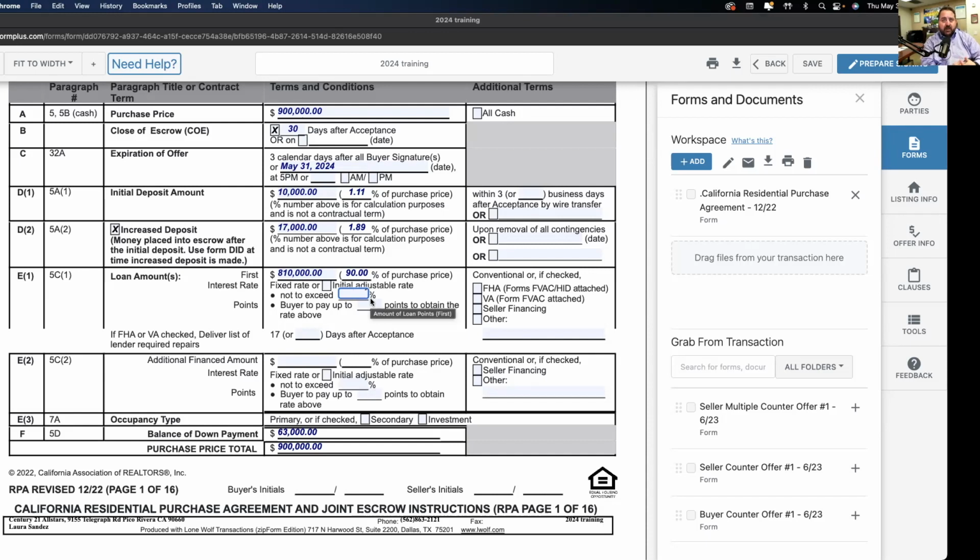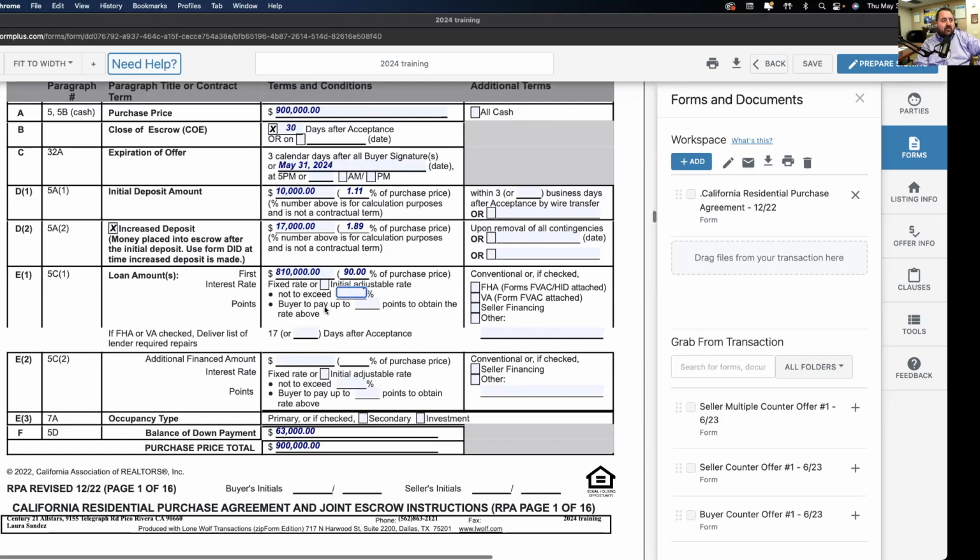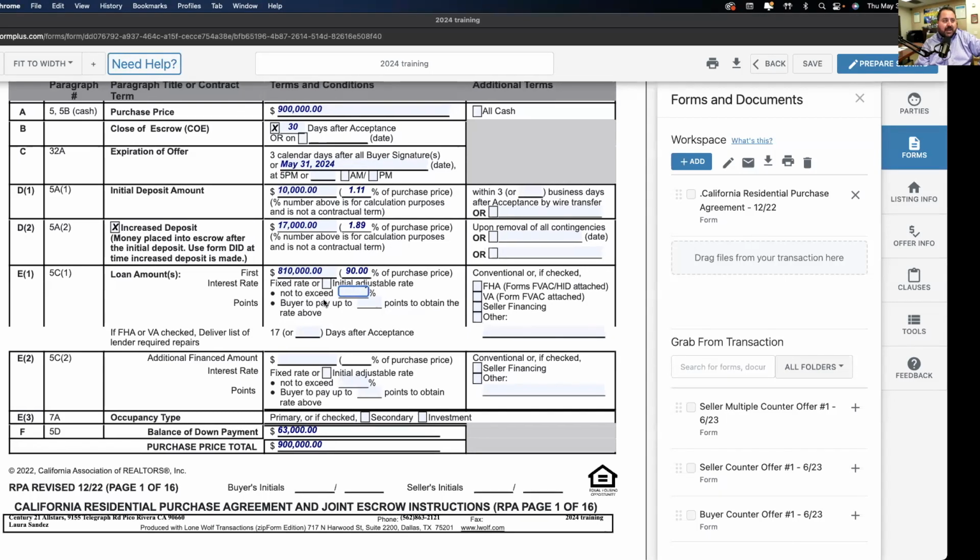Because if we accept an offer that has too low of a maximum interest rate, not to exceed a certain percentage, and when they get their final approval, the interest rate does exceed that number, then it gives them an opportunity to cancel the transaction even if they've removed all their contingencies. So we want something that makes sense.